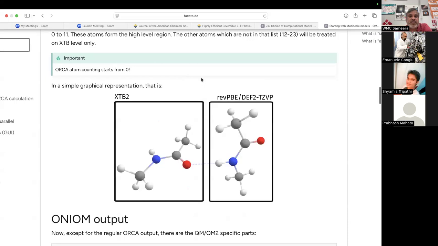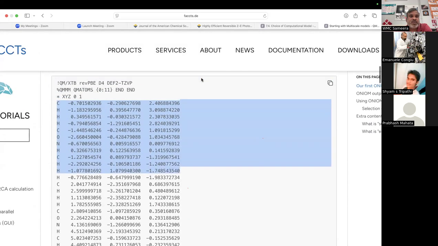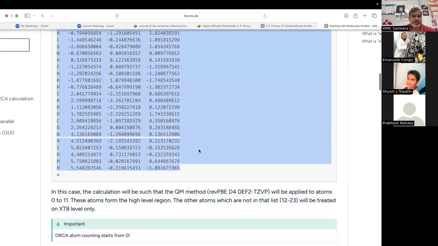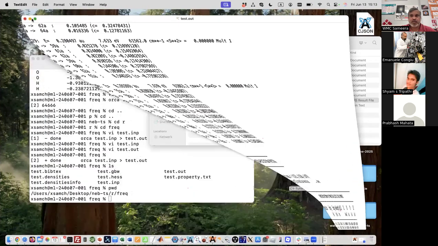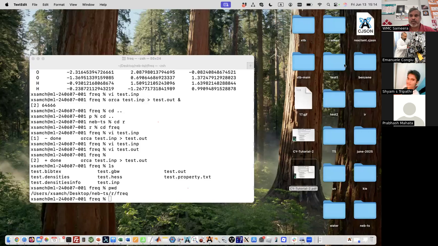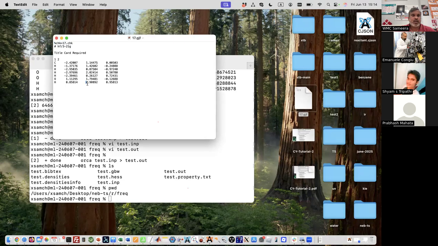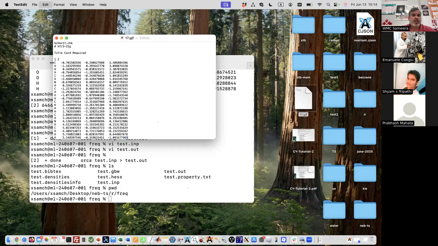And is this structure really true? So let's have a look. I just want to look at the structure.